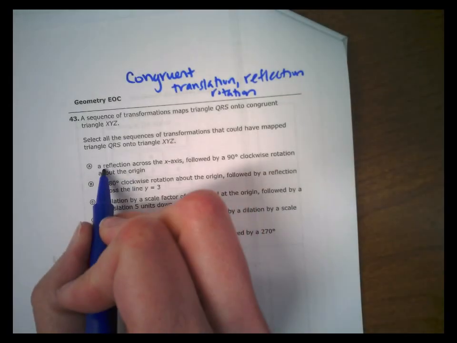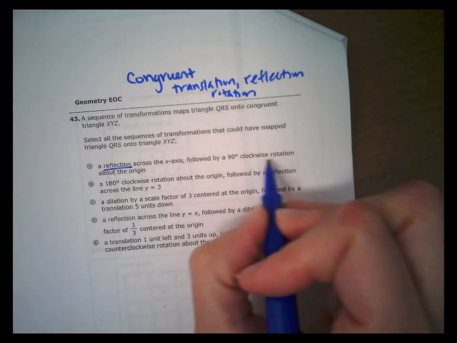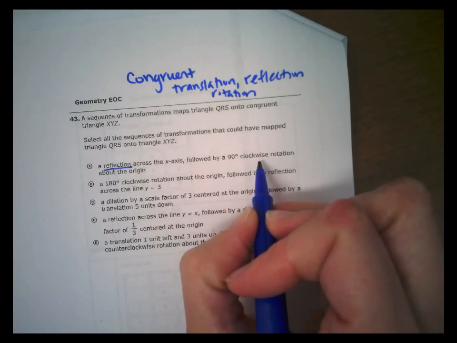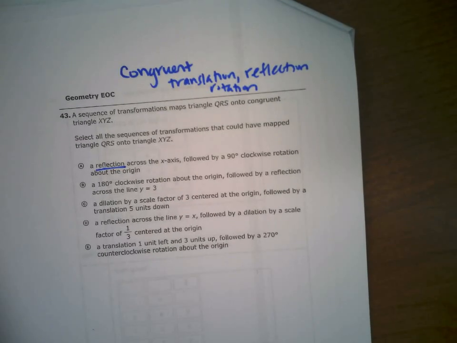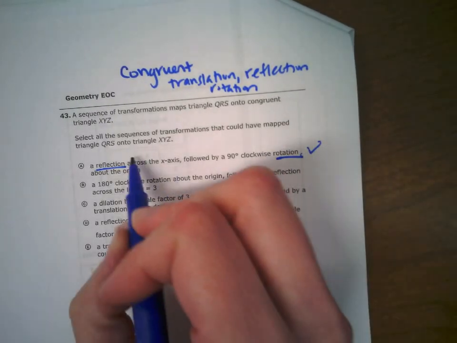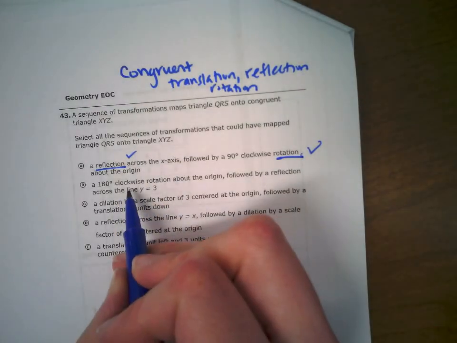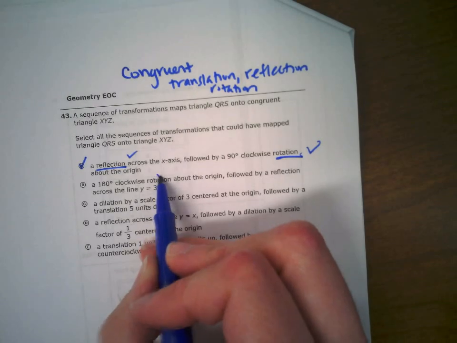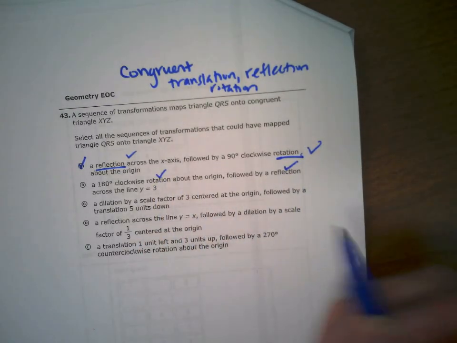So as I go through my choices, I see a reflection and a rotation. Those are both okay, so I'm going to pick A. I see a rotation and a reflection.